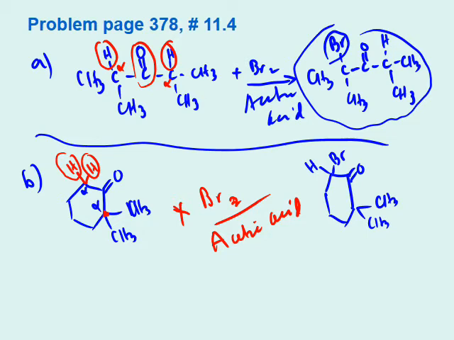So this is the bromination product. So basically in this kind of reaction, first identify the location of the alpha carbon and then the location of the hydrogen directly bonded to that carbon. And those hydrogens are acidic and they could be replaced by a group like Br.